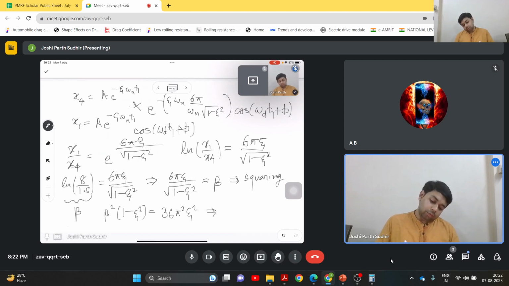So therefore we will get beta square is equal to 36 pi square plus beta square into zeta square. So we will get zeta in terms of beta.